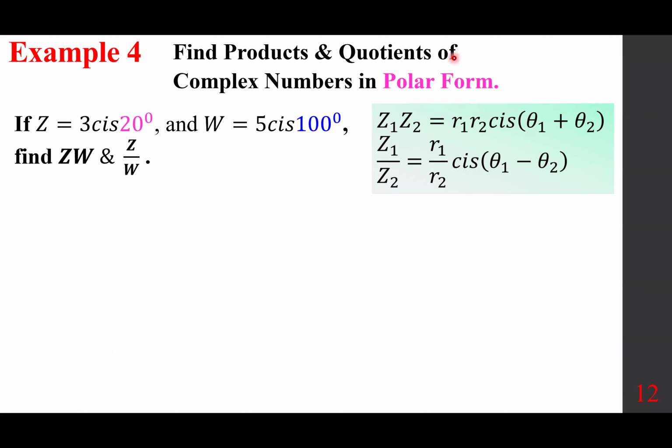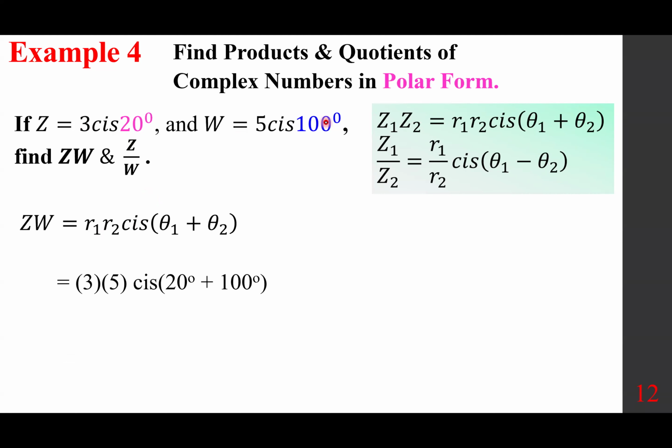Find products and quotients of complex numbers in polar form. If z is 3 cis 20 and w is 5 cis 100, find their product and their quotient. So to find the product, we use this formula. See how easy it can be done. Just 3 times 5, or R1 times R2, cis 20 plus 100.